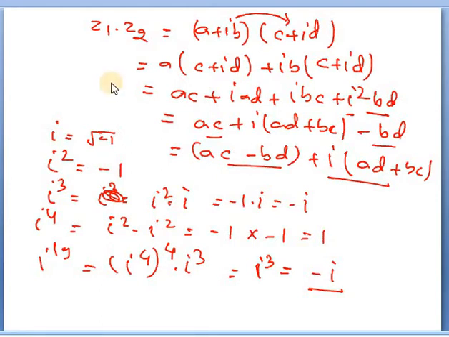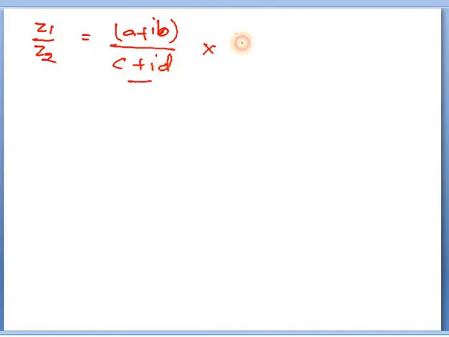Now we perform the division also. If the division is z1 upon z2, with two complex numbers, I can write a plus ib upon c plus id. Now we have to rationalize the denominator: multiply by c minus id over c minus id, and then I can write a plus ib.